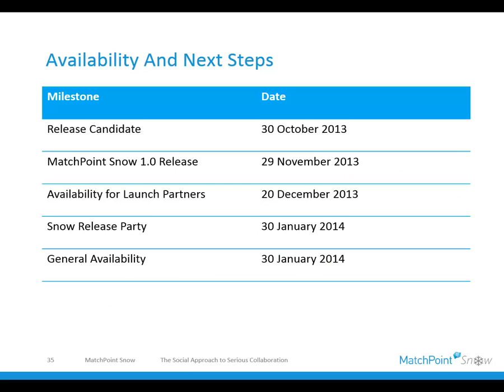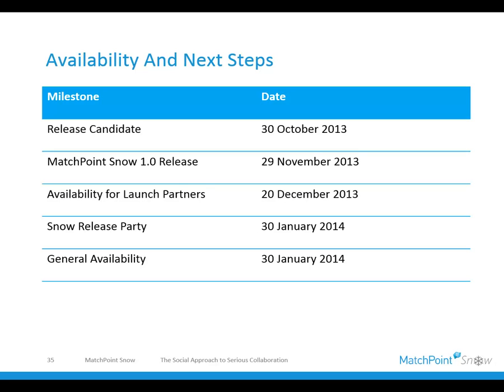Well, we have almost arrived at the end. The official release date is not far away, and our whole crew is working extremely hard to make this possible. The next milestone will be in only 7 days, when the Snow release candidate will be out and ready for testing. We then have 1 month left to finalize everything for the big release on the 29th November.